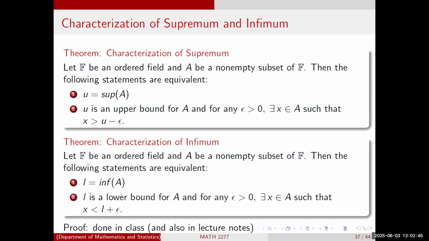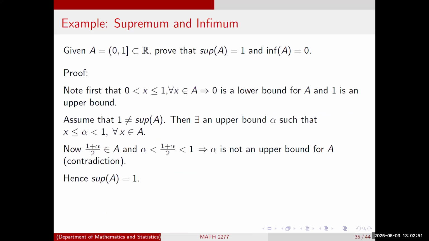All right, so now that we have the characterization terms, we could go back to this example and see exactly how they are proving these things. So in this example, we are given a set A equal to this half open interval 0, 1, which is in the real numbers. How are we proving that the supremum of this set is 1 and the infimum is 0?